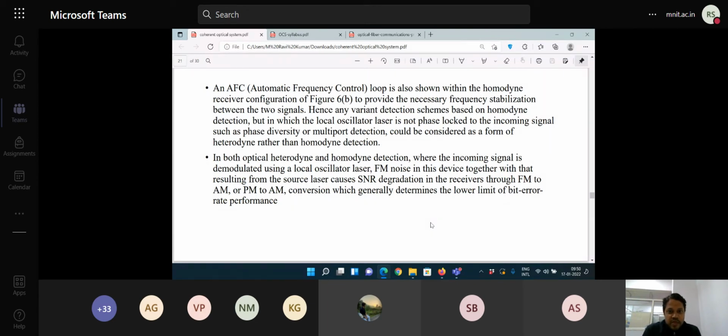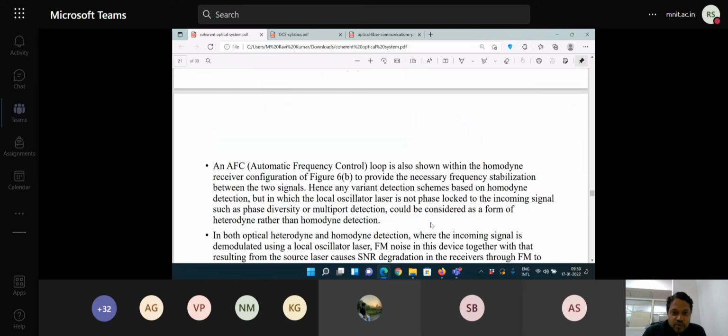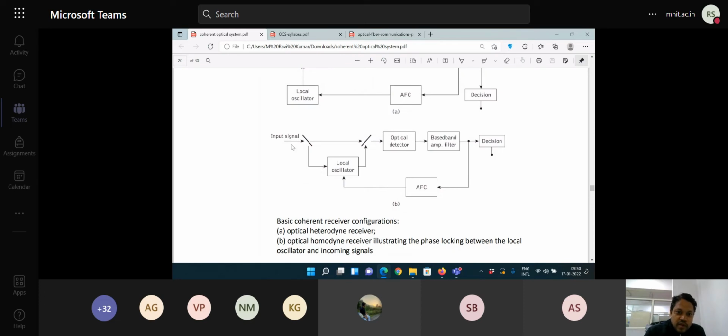which is based on homodyne detection, but in which the local oscillator is not phase locked to the incoming signal. So what you see here, this input signal part which is going into this local oscillator, the local oscillator gets the same phase as this input, and accordingly this output has the same phase as this incoming signal.